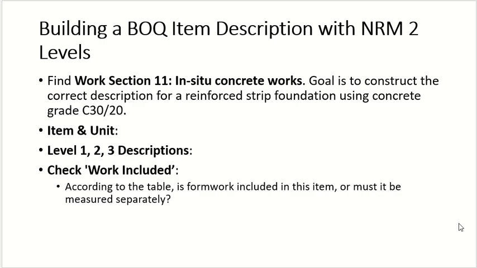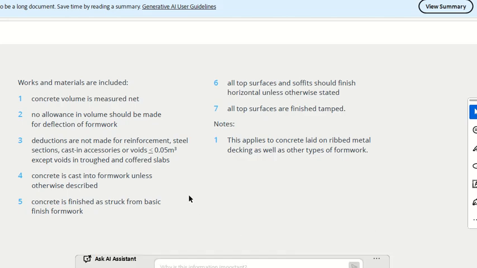Again, this one also doesn't say the formwork cost is included. It says concrete should be cast in formwork, so this tells you a requirement that when you are casting concrete you need formwork. But it does not say that the formwork cost is included.